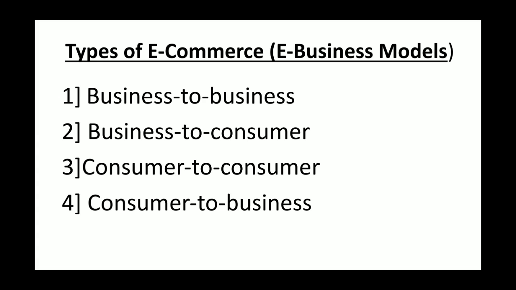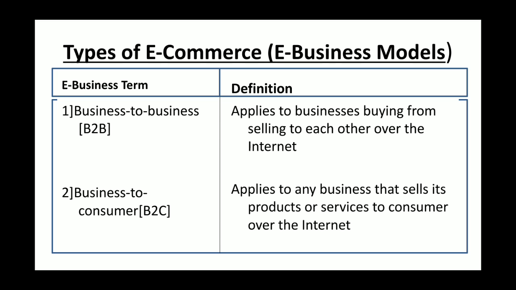In the four models, the first one is business to business, second business to consumer, third one consumer to consumer, fourth is consumer to business. Here the terms you will be knowing and the definitions will also be given.